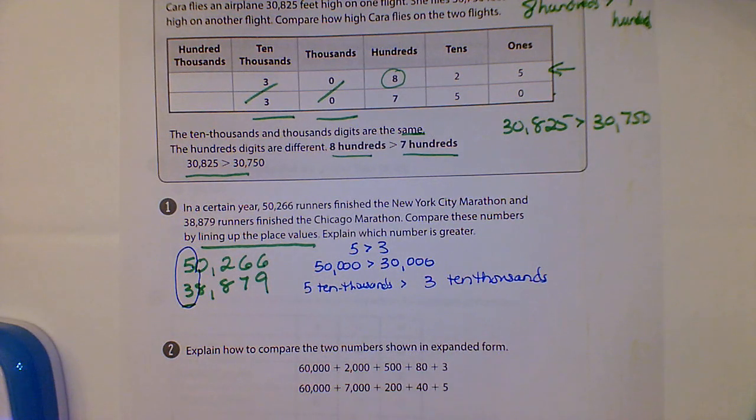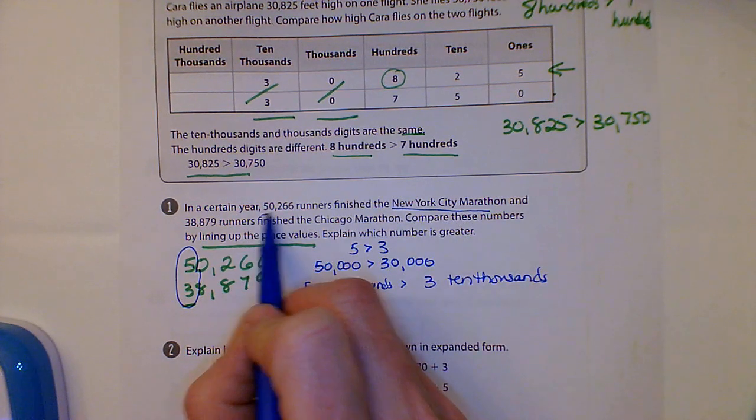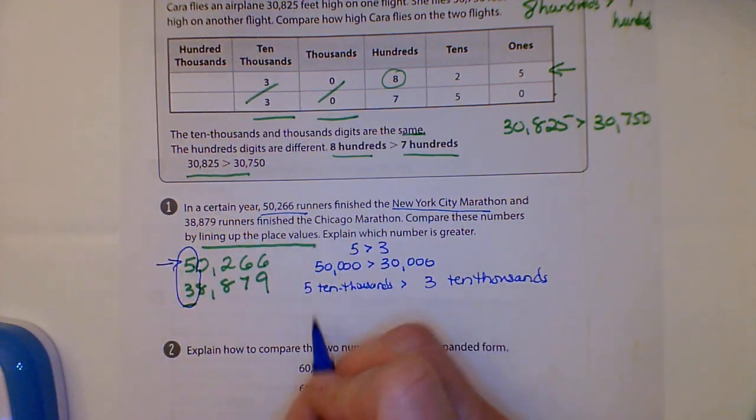So now we have to make sure we answer the question, right? It says explain which number is greater. So we just showed all of that. And we know that the New York City Marathon, which had the 50,000, is greater.